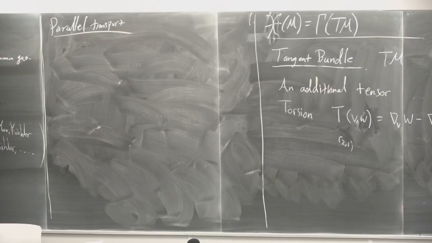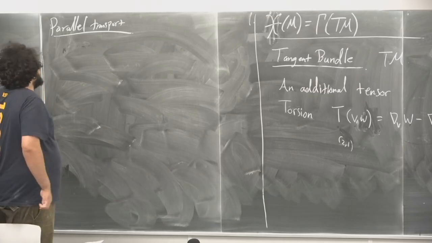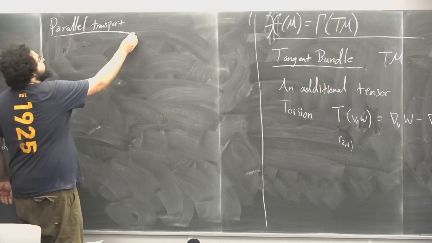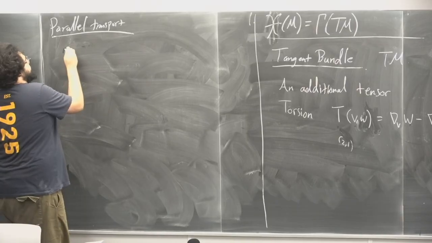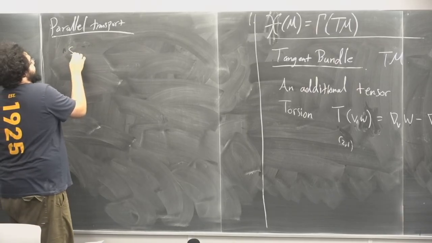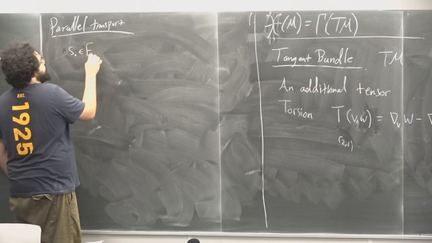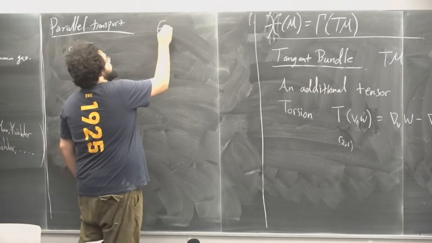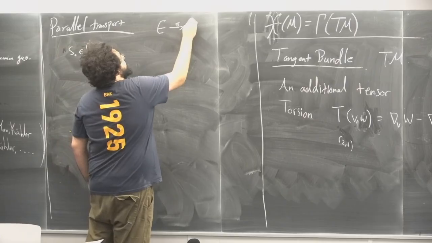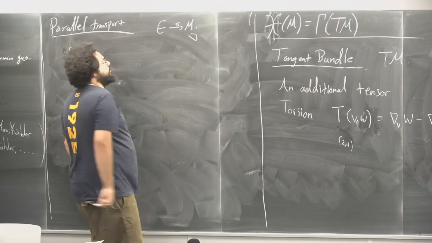But for now, I'll do it for a vector bundle, and later we'll be more specific on a tangent bundle. Essentially, given a point p in M, let's say we have this vector bundle E over M, and we have a connection nabla on E.